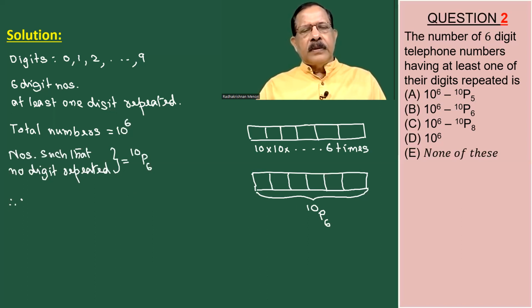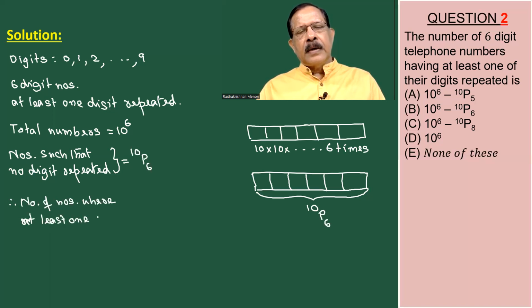Therefore, the number of numbers where at least one digit is repeated is very easy.